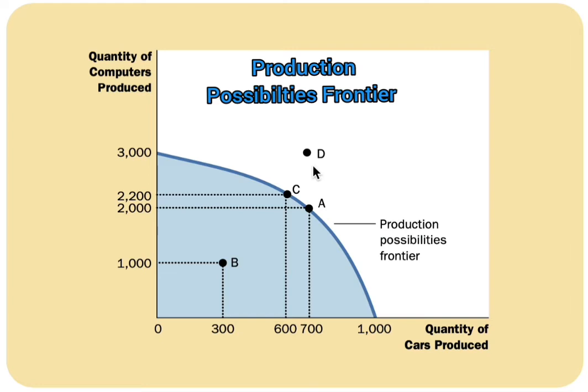This economy cannot achieve point D. Why? Because at point D, you can see it has to produce 3000 units of computers and 700 units of cars, which is beyond its capacity. If it is producing 700 units of cars, it can produce a maximum of 2000 units of computers, not more than that. That is why this curve is there, the bowed out, concave curve, which is called the production possibilities frontier.